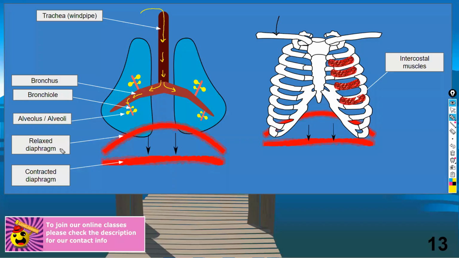This muscle is called the diaphragm. Normally it is curved upwards. Like when you're doing nothing, let's say you're not breathing just for a few seconds, your diaphragm will be curved upwards. But when it's time to breathe or pull in air, you will pull down that muscle.